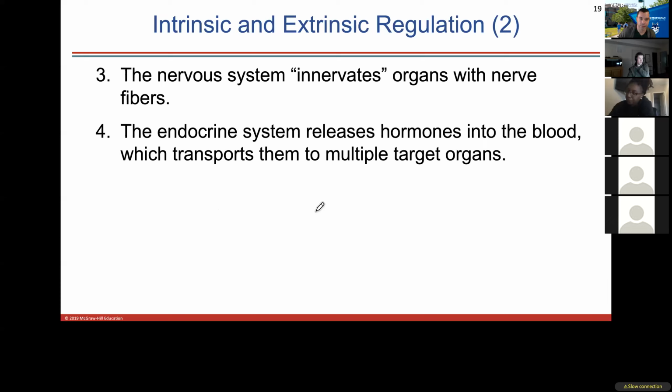And, I think I already said this. Innervates means send nervous input. You know it as an action potential. Hopefully. Action potential.